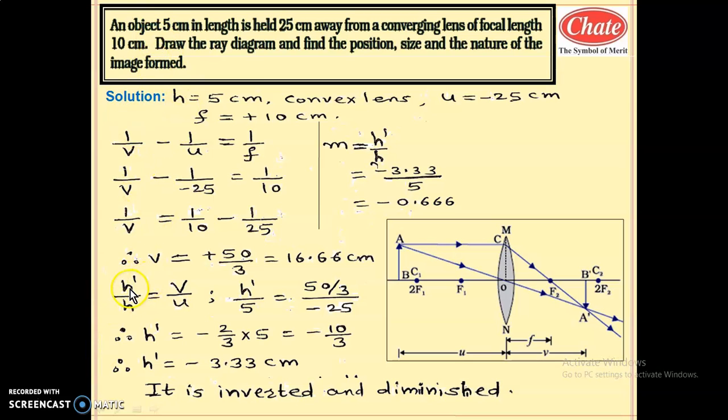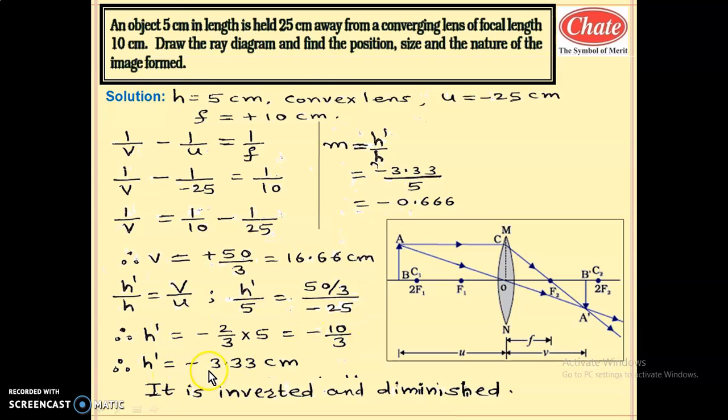What is the height of the image, as height of the object is given? So magnification formula, H dash by H equal to V by U. So H dash we have to find, H is 5, which is equal to V value, it is 50 by 3, and U value is minus 25. So it will be minus 2 by 3 into 5, that gives you H dash. So H dash value is minus 10 by 3.